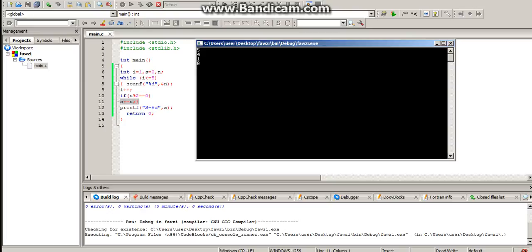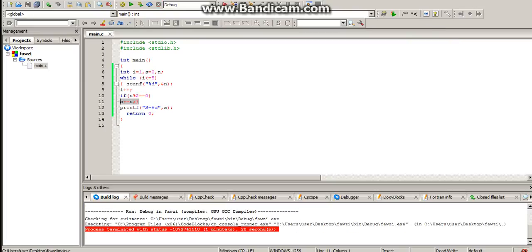For example, the last one is 7 divided by 2, the remainder is gonna be 1, so they will not print this one, so the last answer is supposed to be 12, which is 12 here.